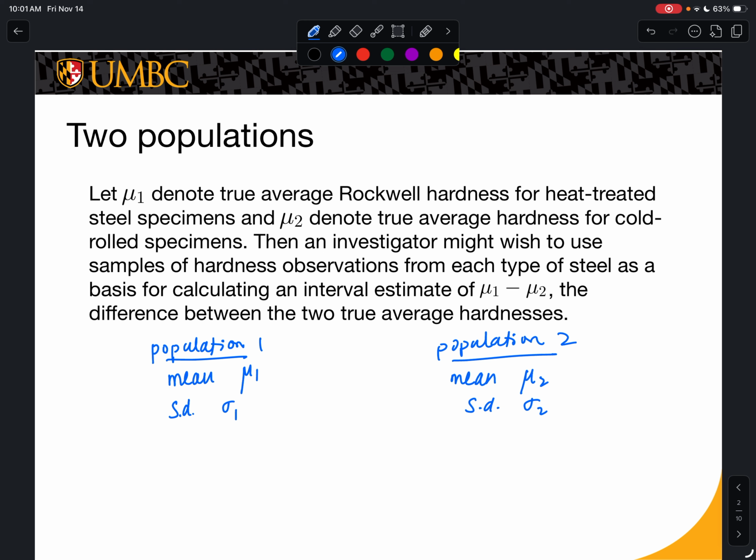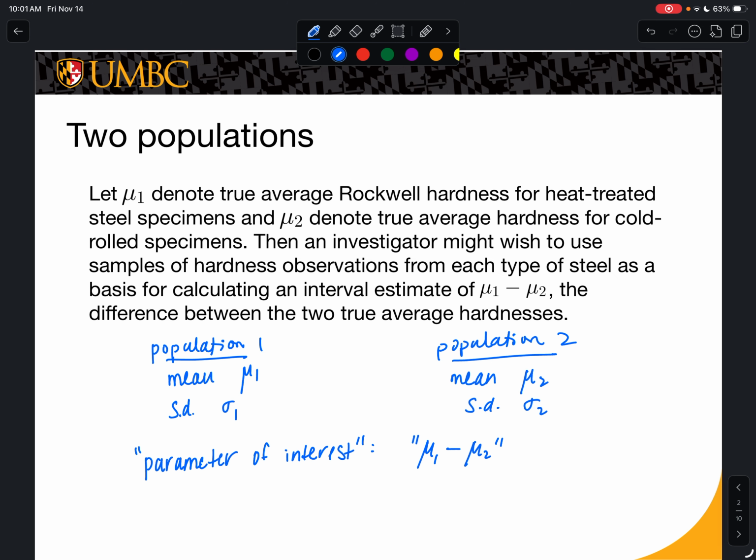So the parameter of interest in these kinds of problems, if you'll recall, we had a parameter of interest in the one population scenarios from chapter 8. The parameter of interest here is going to be mu1 minus mu2. That is the bit of information that we're after with our hypothesis tests or our confidence intervals.